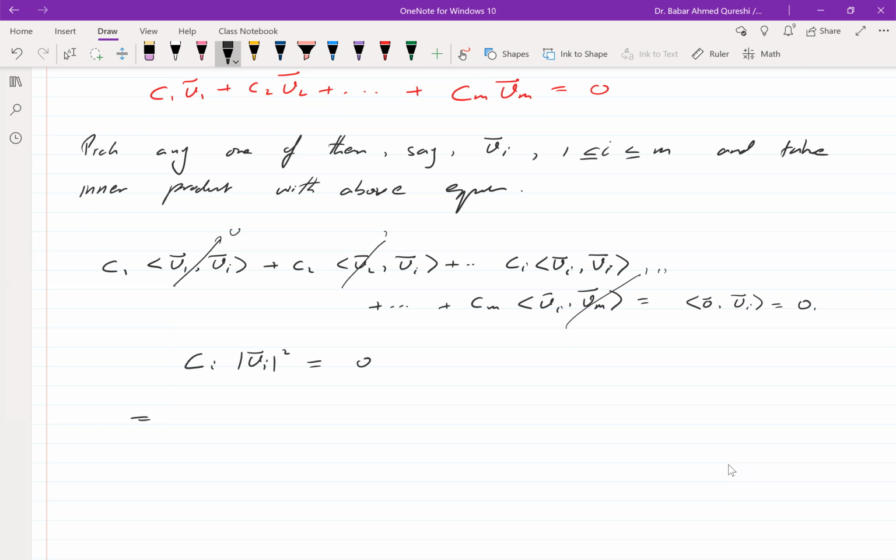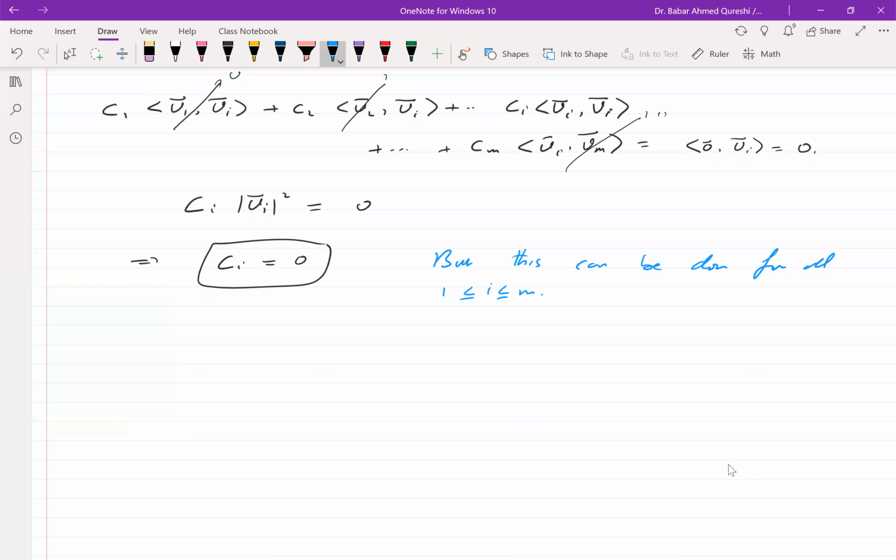So this implies that Ci is 0. This can be done for all i, so all Ci are 0.